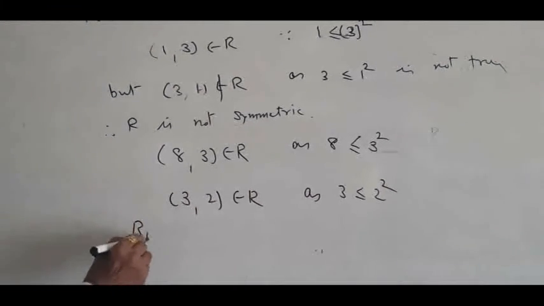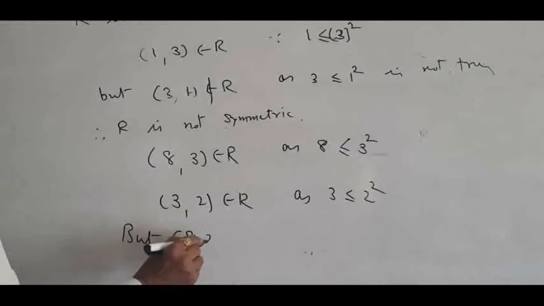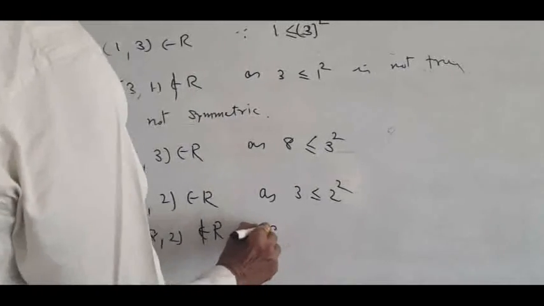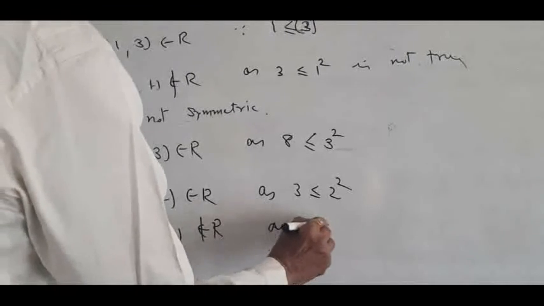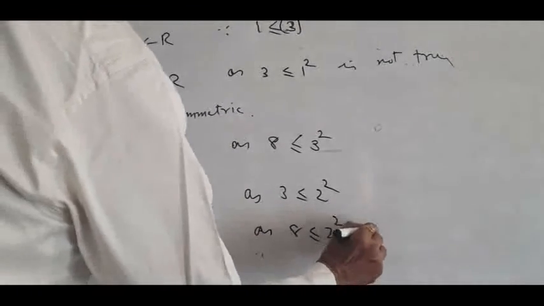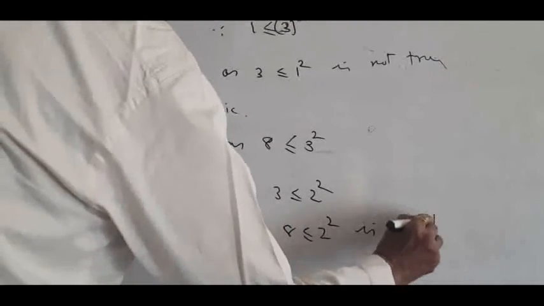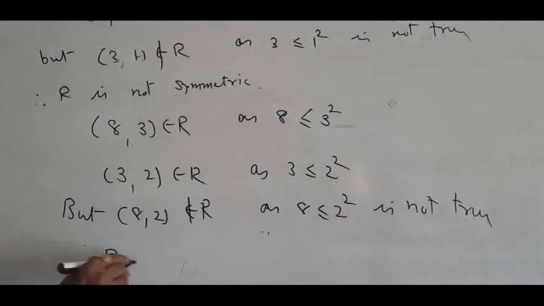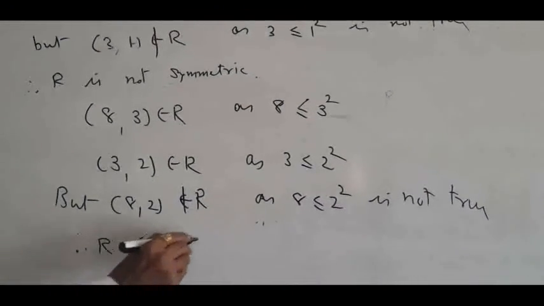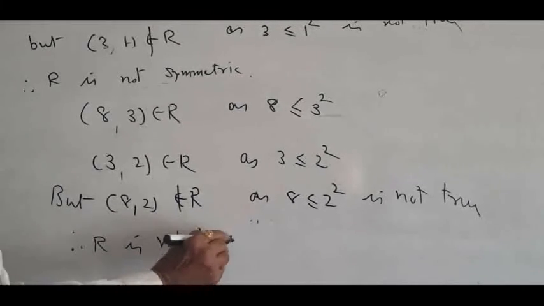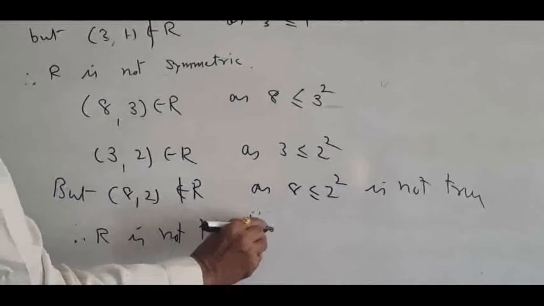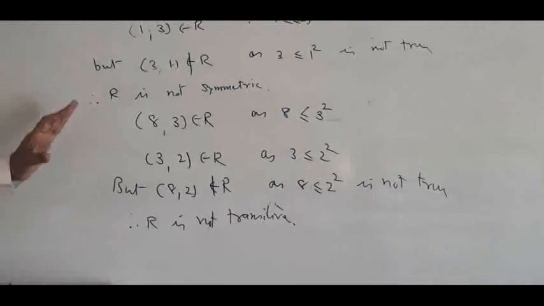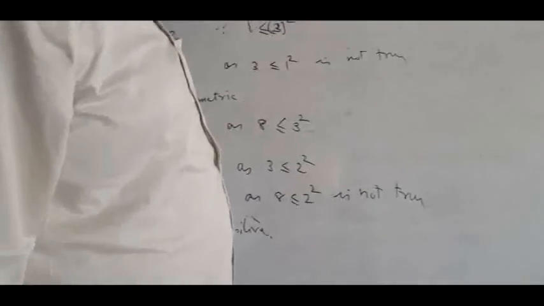But (8, 2) does not belong to R, and 8 less than or equal to 2 square is not true. Therefore, R is not transitive. In such examples, we have to find such ordered pairs which do not follow this.